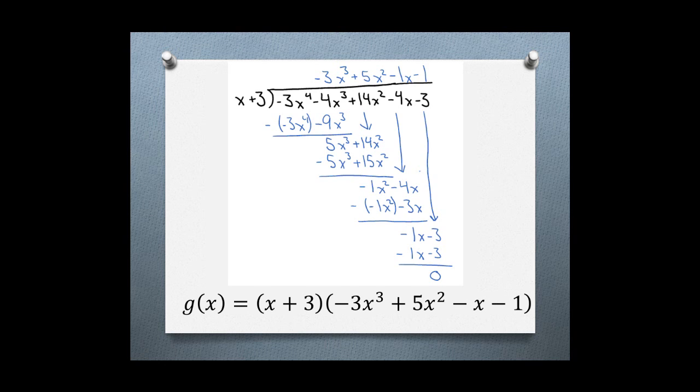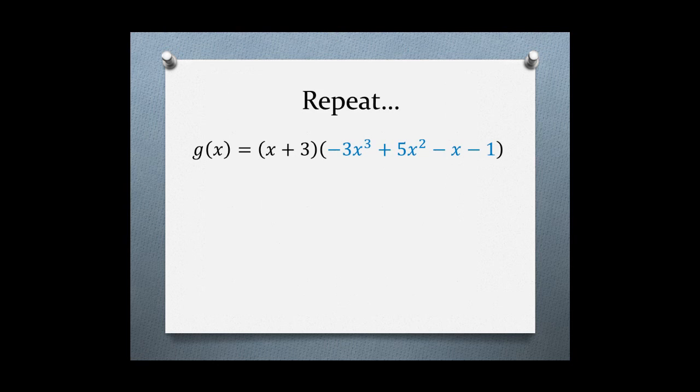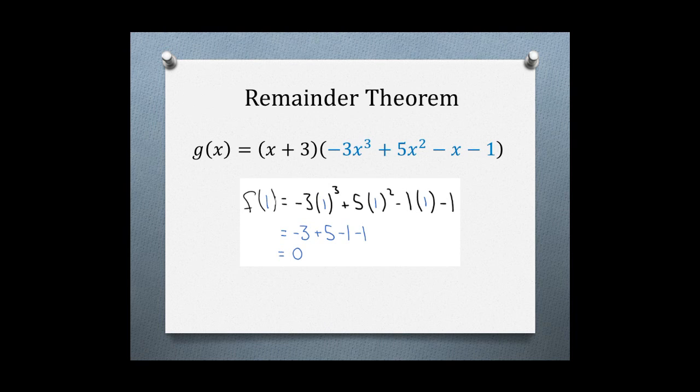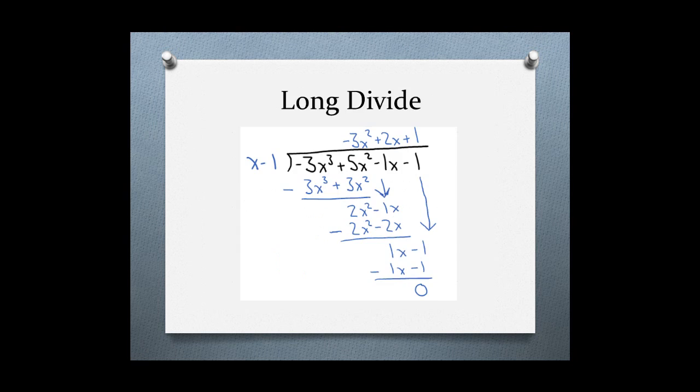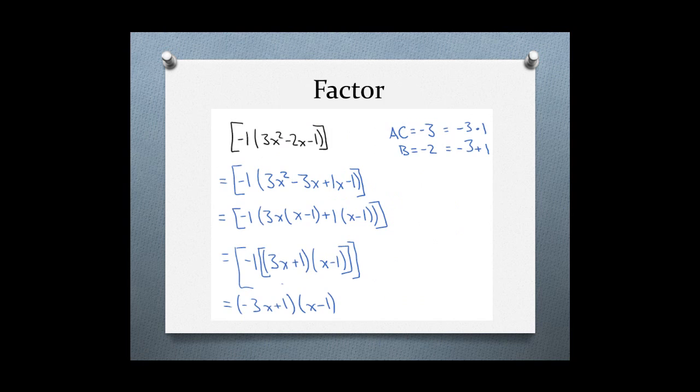So now we repeat again using the remainder theorem, and we find that when you put 1 into the equation, it's equal to 0. So x minus 1 is a zero. So we long divide, and we find that negative 3x squared plus 2x plus 1 is what remains.